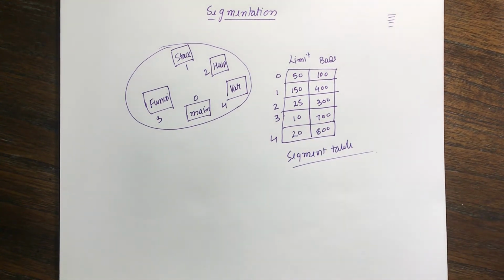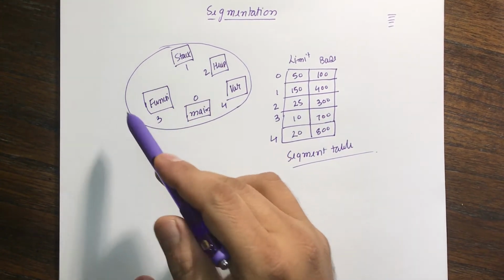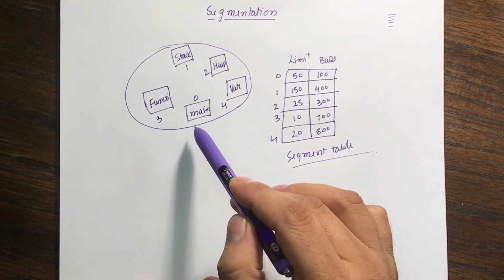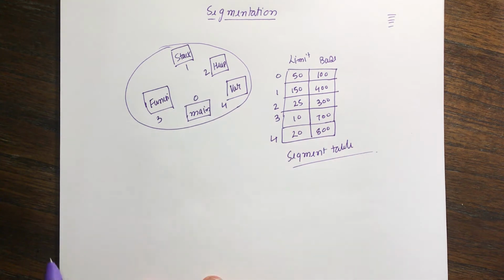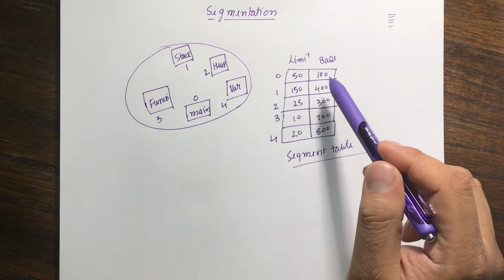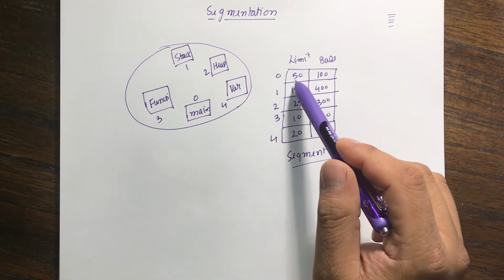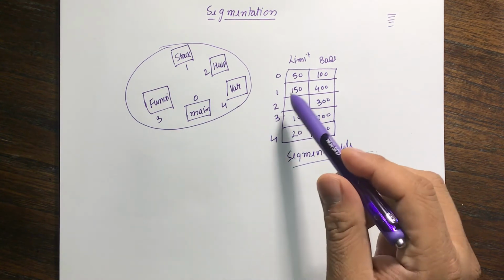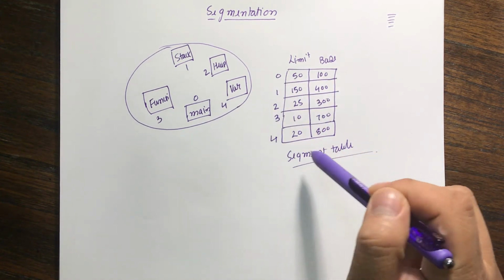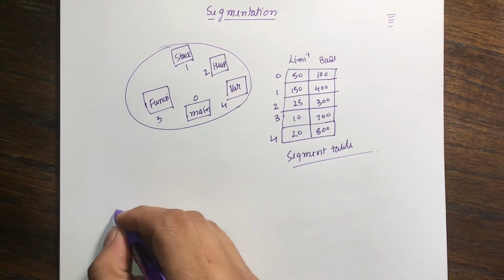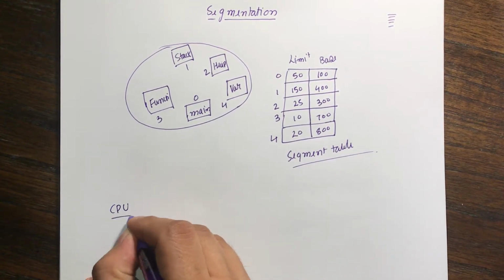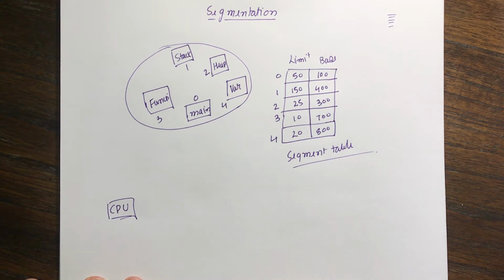Okay, so you will write your program in your different way, and then it will be broken down into different segments. Each segment will have its base register as well as a limit register. There will be a segment table for each one of these programs. Earlier, the CPU was saying that I want line number 36 or line number 34.